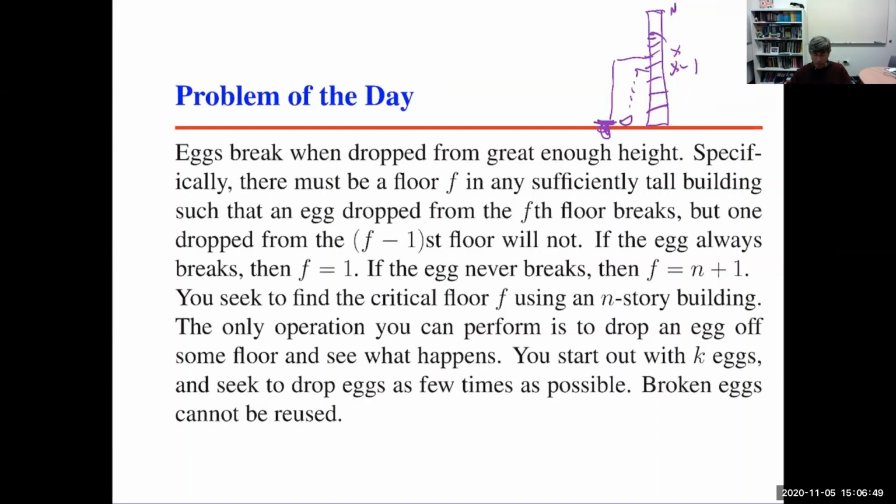Any questions about that? You were given a certain number of eggs, and you want to try to figure out where is the transition between breaking and not breaking as efficiently as possible. Our cost model is how many times we toss an egg off. Any questions about that?